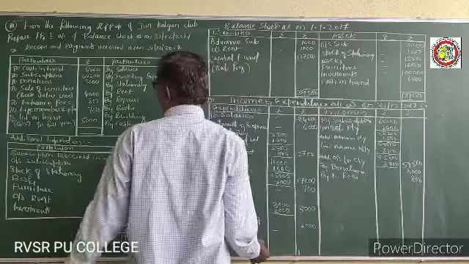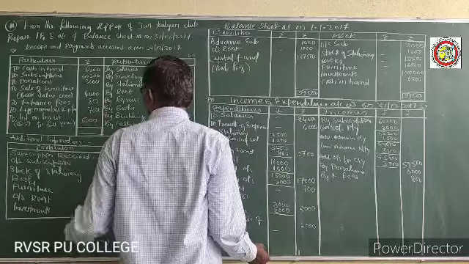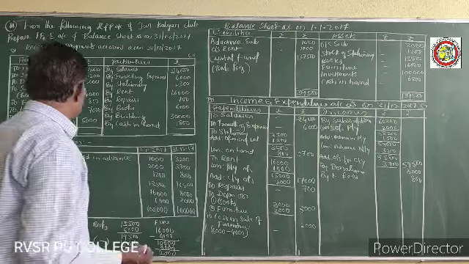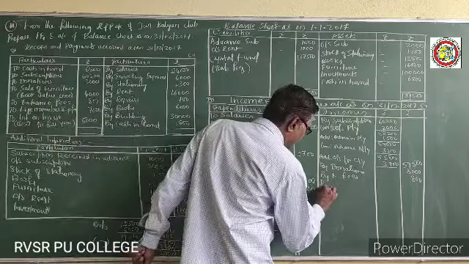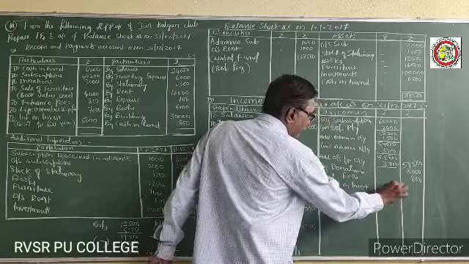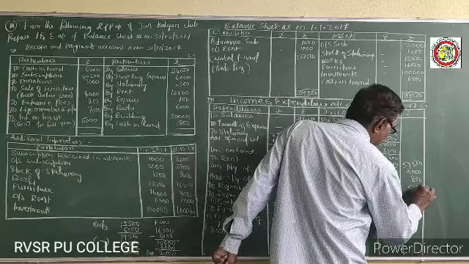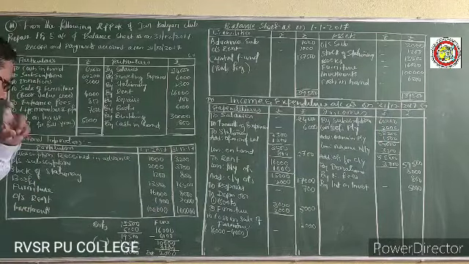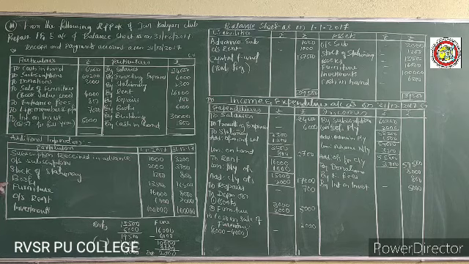Life membership fees won't be recorded. One lakh at 5%, full year interest, by interest on investment 5,000. After this, everything is over.